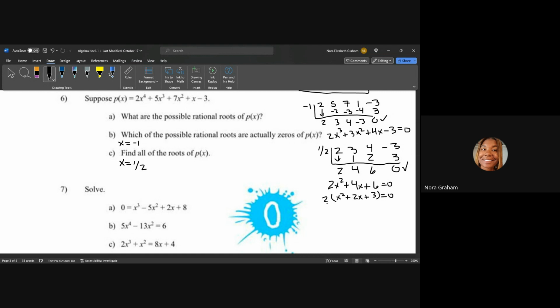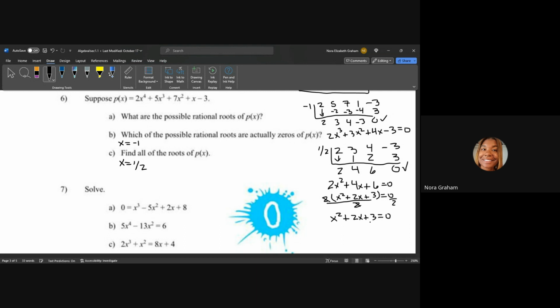I can divide both sides by 2. When I have 0 in the numerator, these cancel out. This just becomes 0. So now I have x squared plus 2x plus 3, all in my parentheses right here, after I divided both sides by 2.